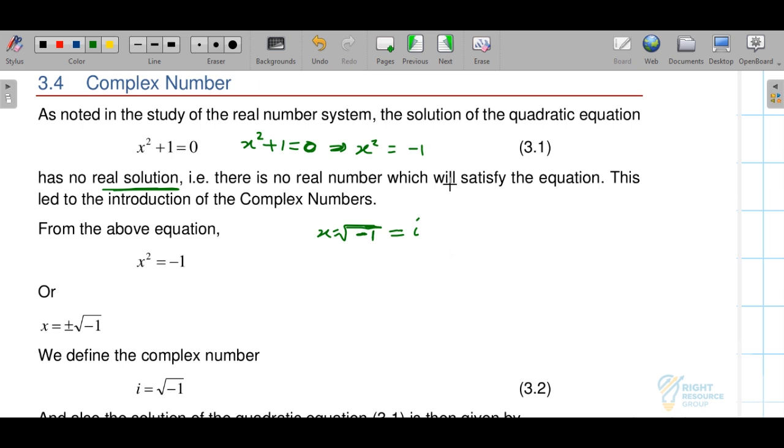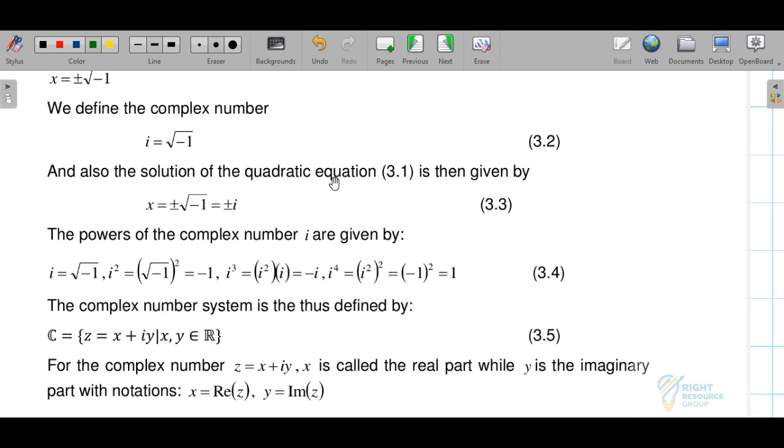But since it's a quadratic equation, x is going to be equal to plus or minus the square root of minus 1, which is the same thing as saying plus or minus i, right? So in complex analysis, when you see i, it is equated to the square root of minus 1.